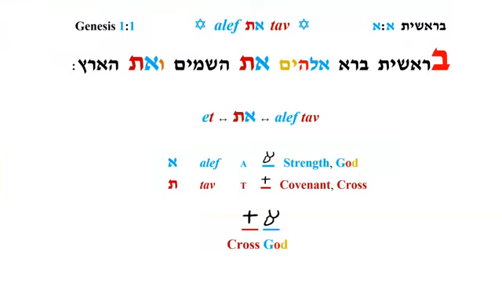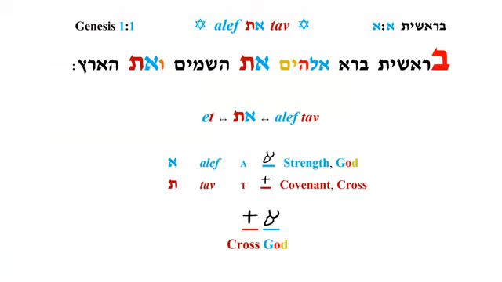Okay, what goes next? This et, notice, let's talk about it. It's the 4th word. The et, it sits in the middle of the verse. It's 2 letters. It's an aleph and a tav. Notice, aleph, we already know, is strong, strength. It's God's letter, aleph.